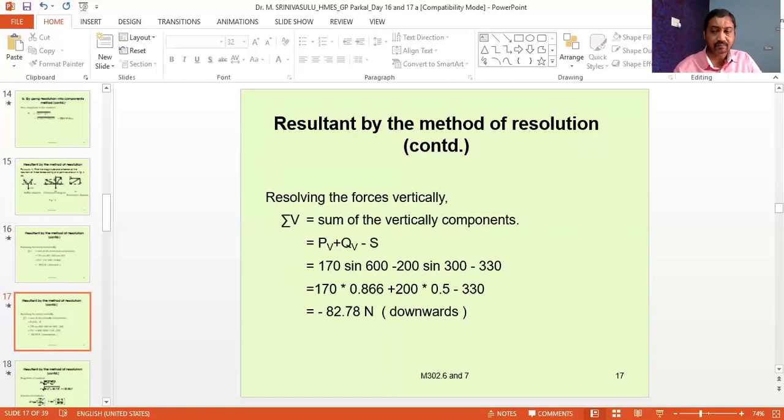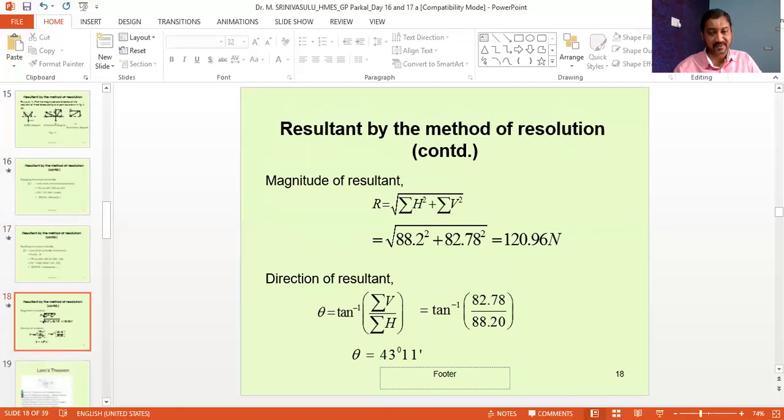Now we have to find out the resultant force. The magnitude of the resultant R is equal to the square root of sigma H whole square plus sigma V whole square. So that is equal to 88.2 whole square plus 82.78 whole square.